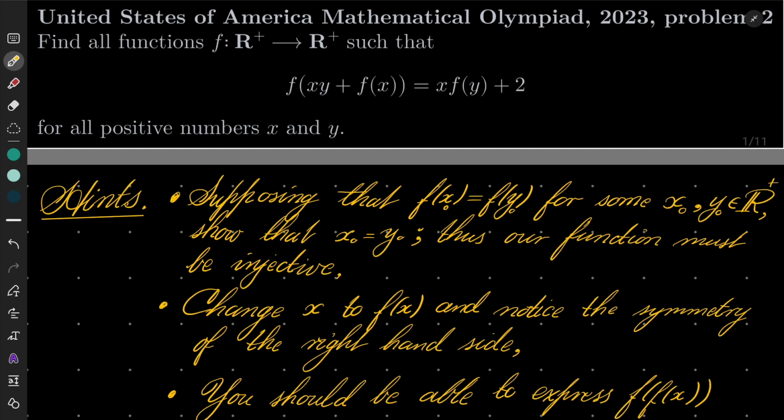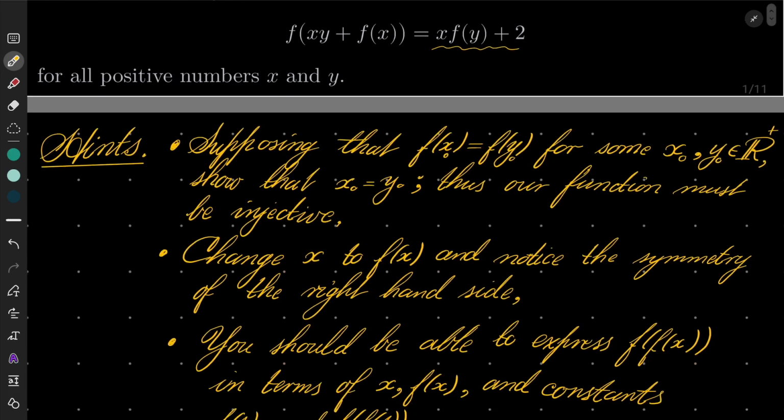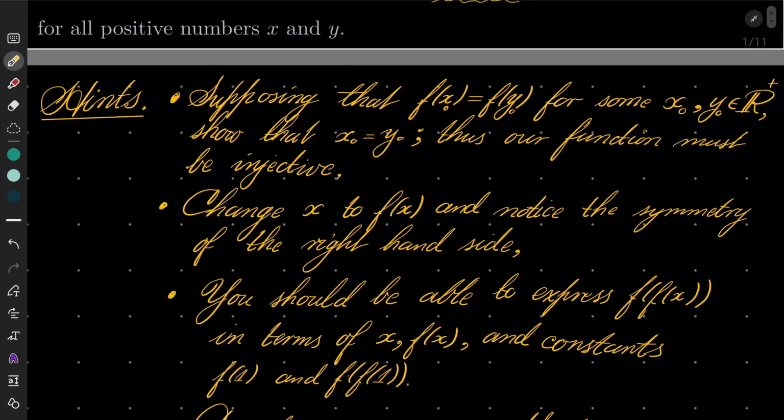Then, instead of x, put f of x, and the right-hand side of our equation will become symmetric with respect to x and y. You should be able to use the symmetry and injectivity to find f of f of x in terms of x, f of x, and some constants, f of 1 and f of f of 1.